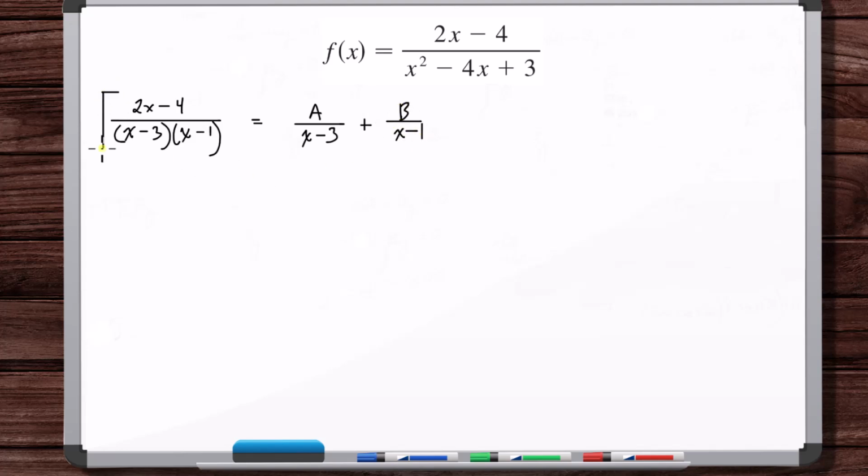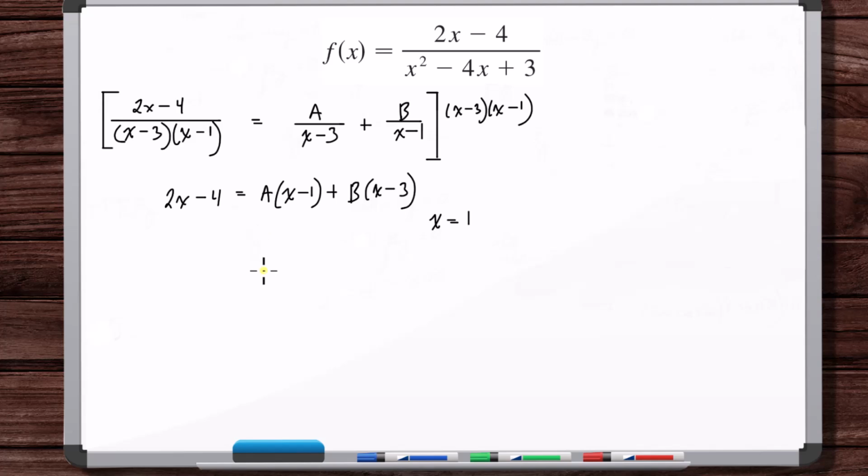Okay, now let's multiply by the least common denominator. So 2x minus 4 is equal to A. Okay, when x is equal to 1, we've got 2 times 1 is 2, so 2 minus 4 is minus 2, and then 1 minus 3 is minus 2.